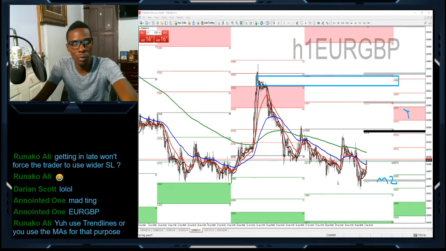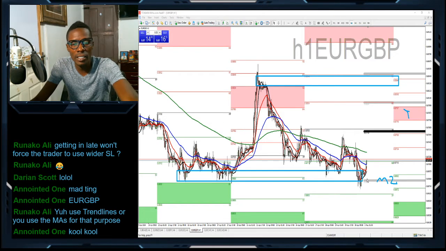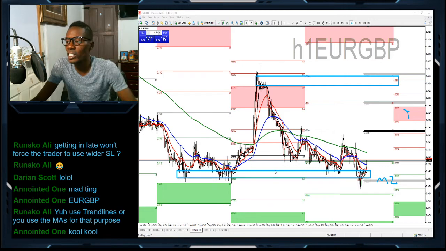So with 100%, we add resistance right here. So you have all right being able to buy because we have price action. We buy at support, to sell at resistance. So we have the price action right there. We bulls had the opportunity to execute the position, right?